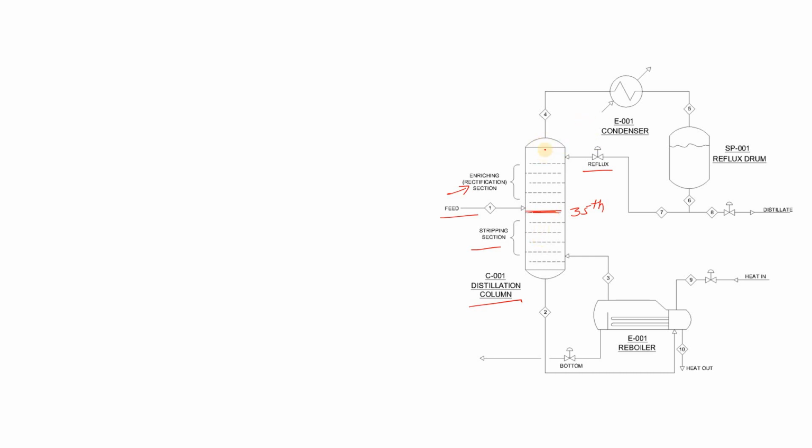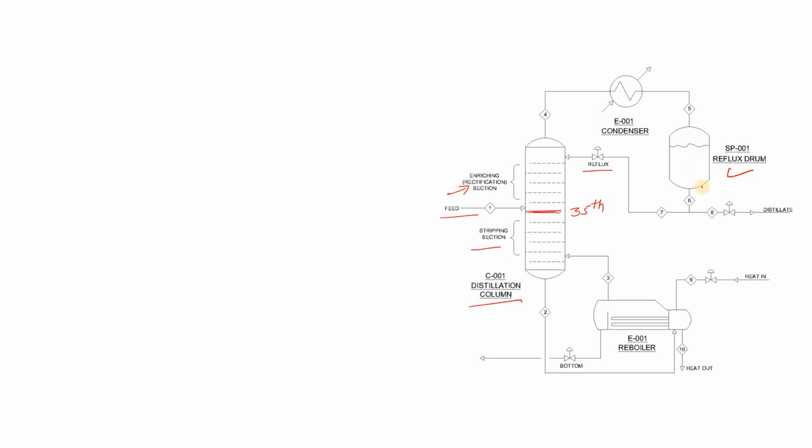Now what happens when the vapors go from the top of the distillation column to the condenser? In the condenser the vapors are simply condensed, and then they come into the reflux drum, or accumulator, you could say.